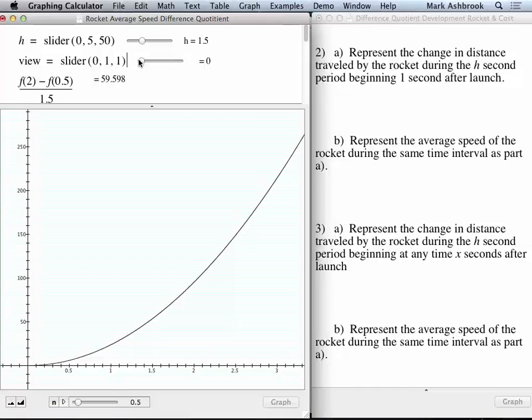Read carefully. Understand the meaning of what's being asked. You really got to read carefully and think about this.